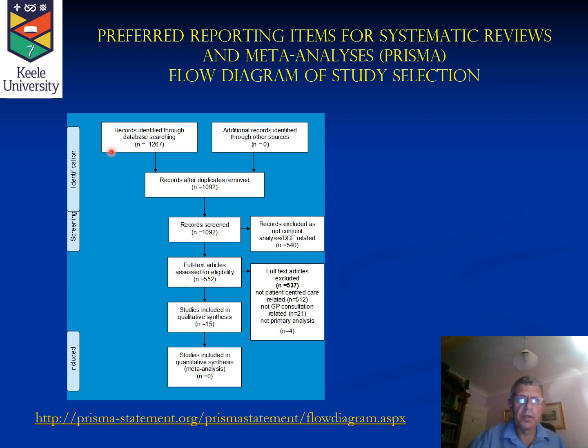So we start off with 1,267 records, and you can see that various cases were removed for a variety of reasons: duplicates, didn't use conjoint analysis, didn't have patient-focused outcomes, etc. And so what we were left with was 15 papers that were included in a qualitative synthesis and no papers that were included in a quantitative synthesis. And we'll look at the characteristics of this qualitative synthesis.